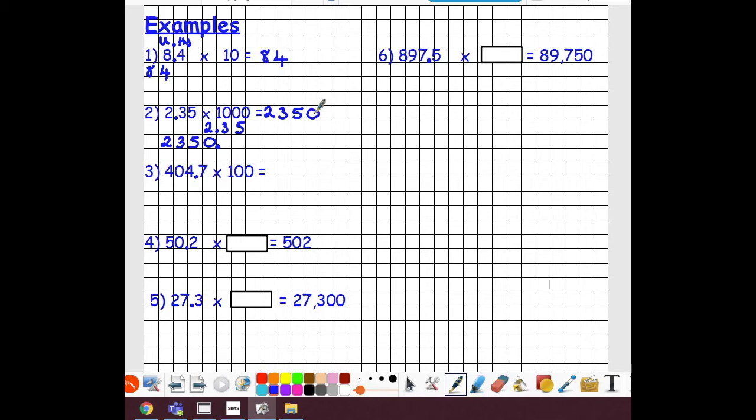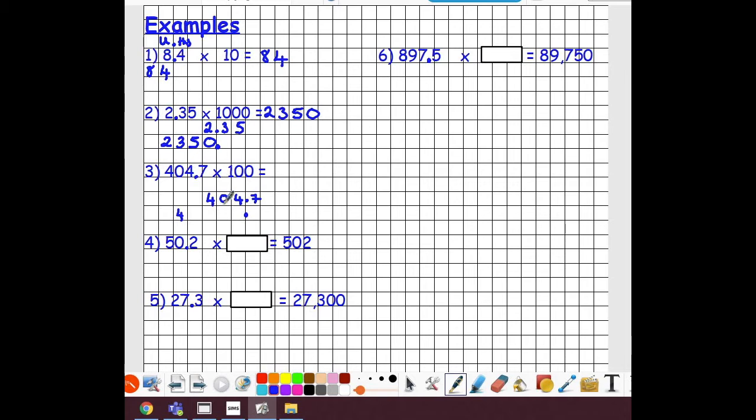Looking at our next example, 404.7 times 100. So if I write that out underneath here, 404.7, and our decimal point underneath there, because our decimal point is fixed. Multiplying by 100, we know each digit is going to move 2 places to the left. So starting with this 4 here, it's going to move once, twice, and end up there.